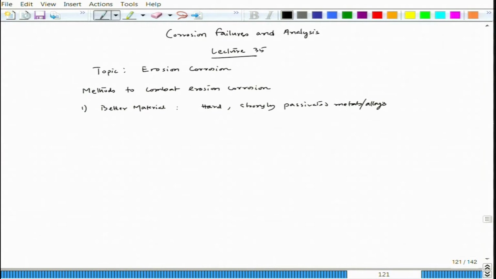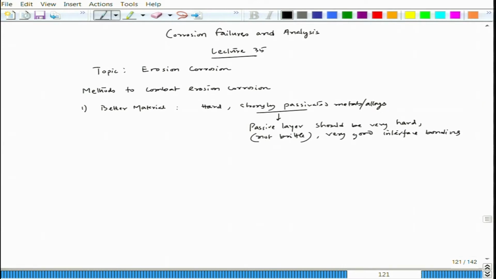When we talk about strongly passivated, the passive layer should be very hard, not excessively brittle, with very good interface bonding. So, even if there is erosion factor, that passive layer would not get knocked off from any portion of that particular metal.